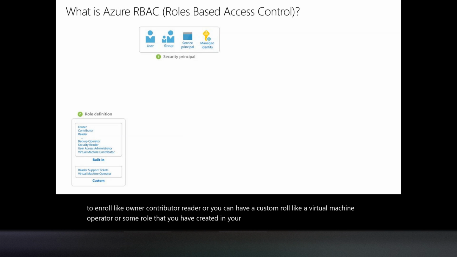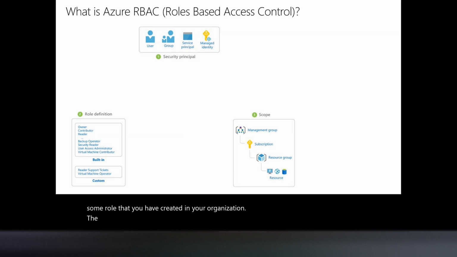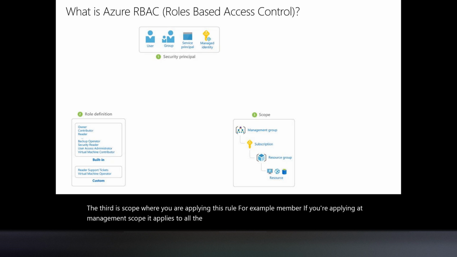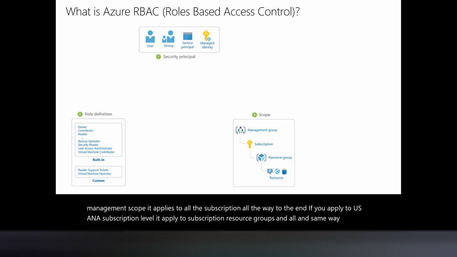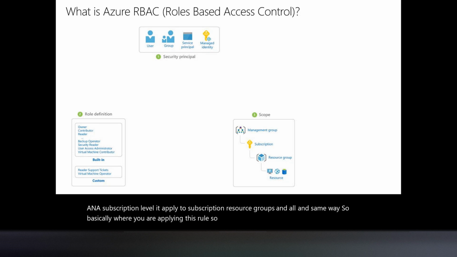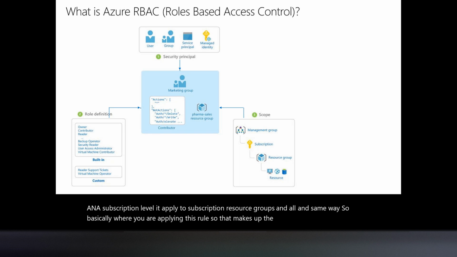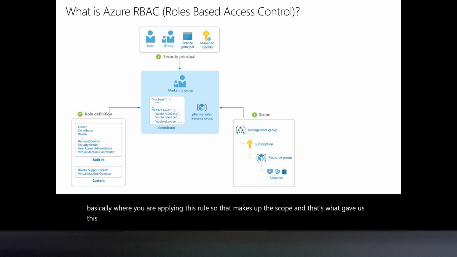The third is scope, where you are applying this role. For example, if you apply it at management group scope, it applies to all the subscriptions all the way to the end. Apply it at a subscription level, it applies to the subscription's resource groups and all, and the same way. So basically, scope is where you are applying this role, and that's what gives us this RBAC stamp.